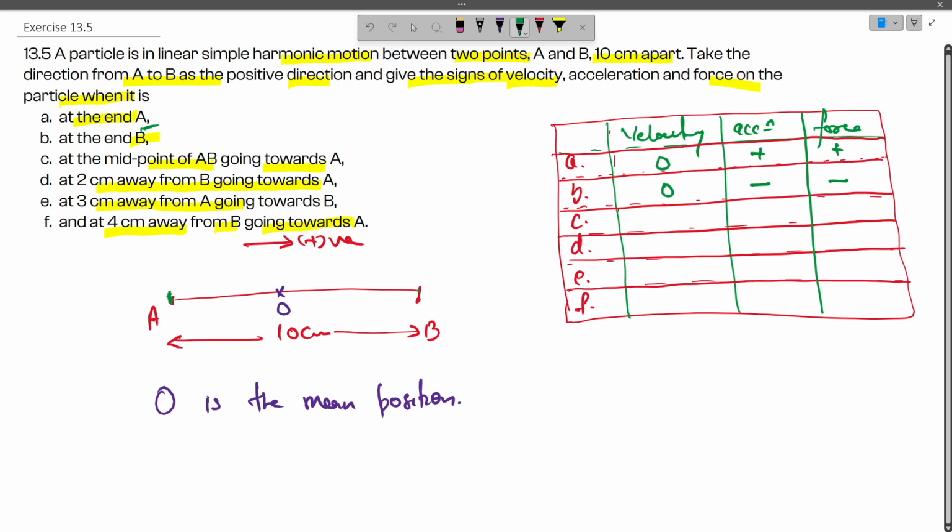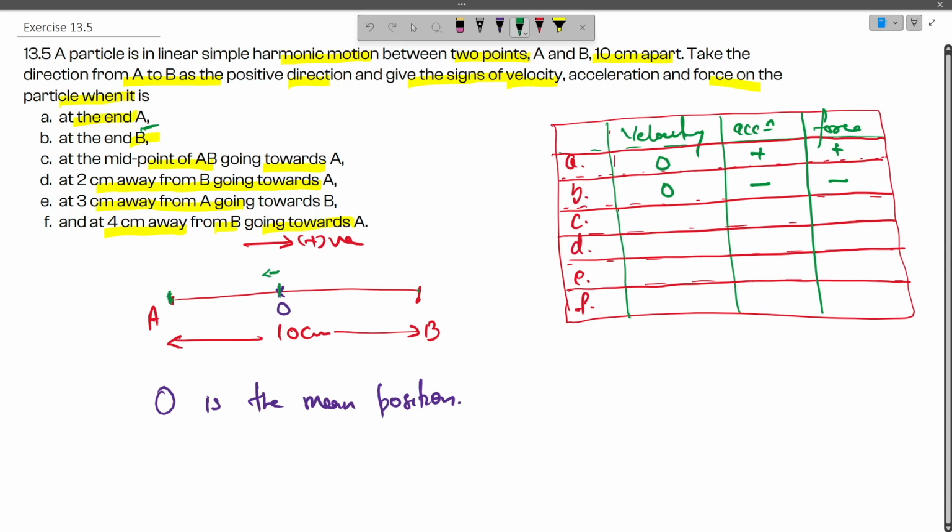Now in part C, we have when the particle is at the midpoint of A and B going towards A. Now when the particle is at the mean position going towards A, that means it is going in the negative direction.